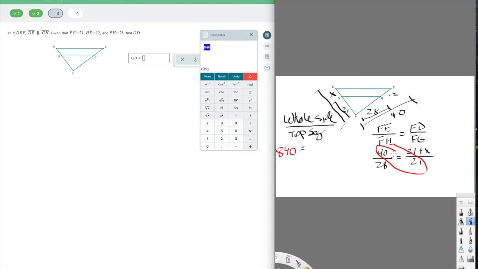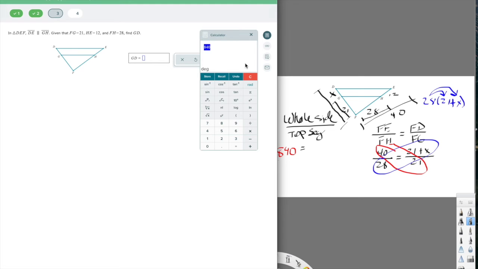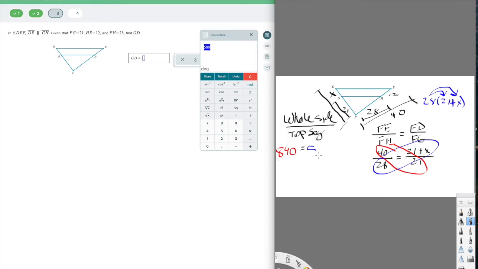So remember, you're distributing, this is 28 times 21 plus X. It's in the parentheses. I have to distribute this 28 to both pieces. So I need to go 28 times 21, and that gives me 588 plus 28x.